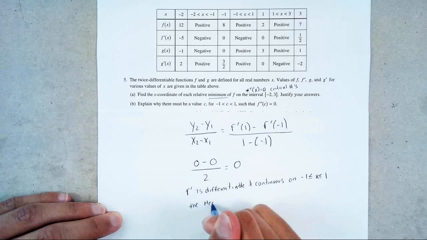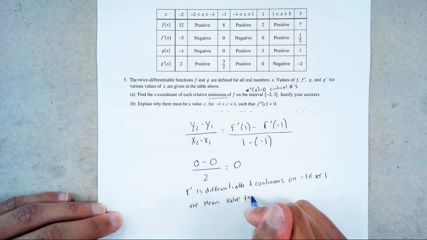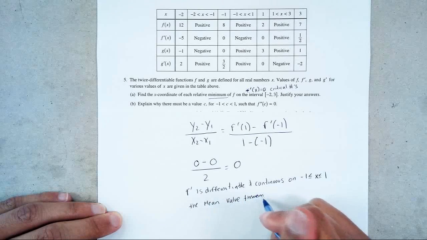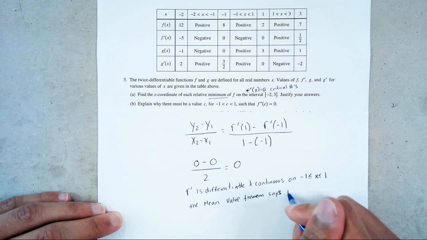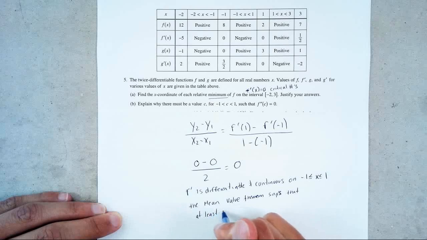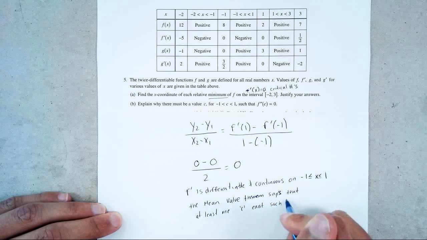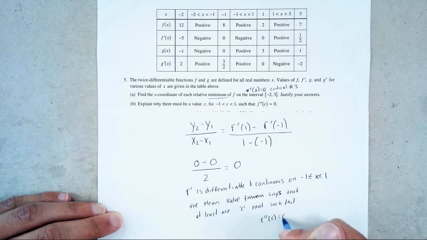the mean value theorem, the theorem you actually used, says that at least one c exists such that f double prime of c will equal 0.